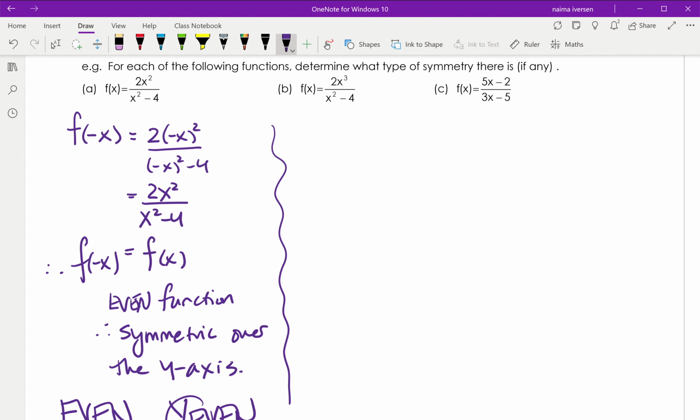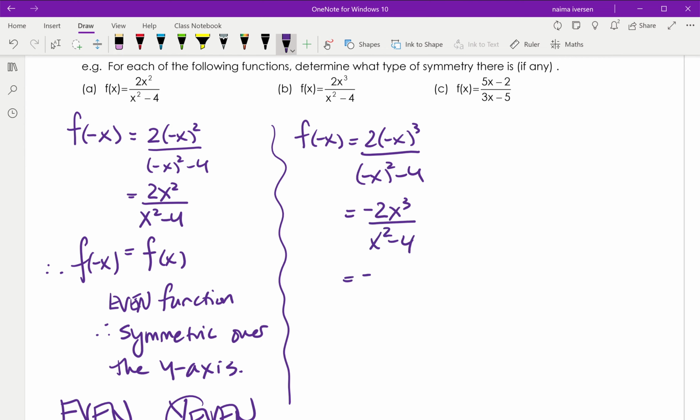For the second one, we're going to go f of negative x is equal to 2 times negative x cubed divided by negative x squared minus 4. When I do this one, I'm going to get negative times a negative times a negative, which is a negative 2x cubed on the top, and a positive x squared minus 4 on the bottom. If I take that negative out, we're going to be left with 2x cubed over x squared minus 4.